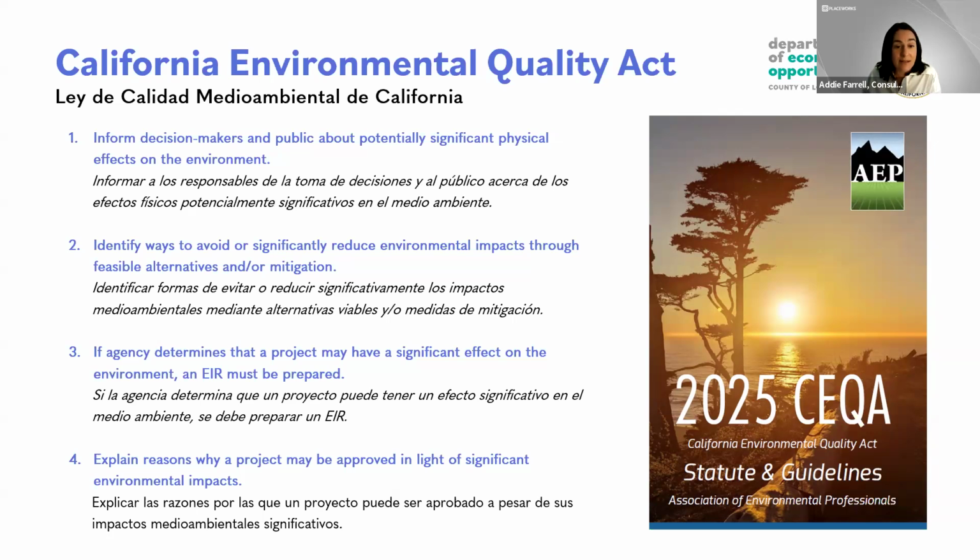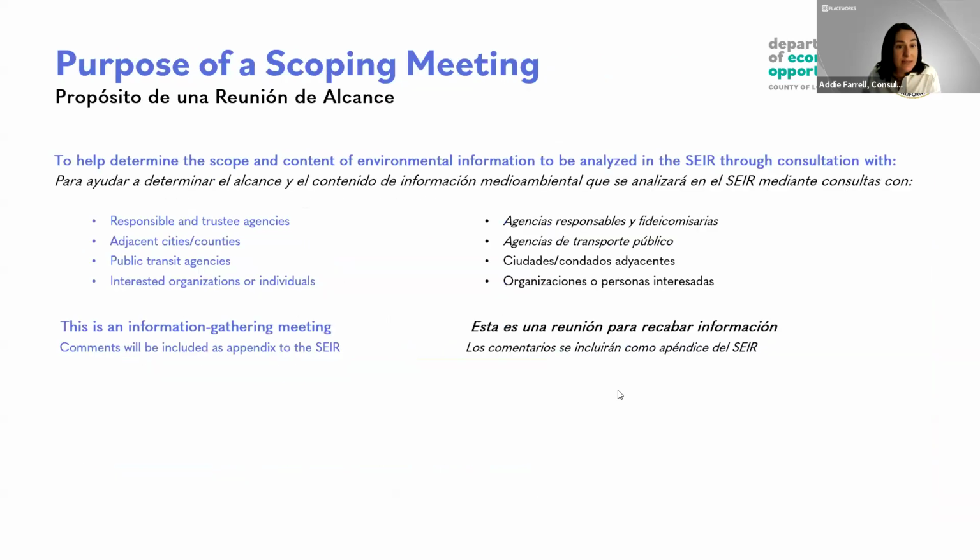Let's go on to the next slide, which is the purpose of this meeting tonight. So this meeting is called a scoping meeting. It's part of the county's 30-day scoping period, which is at the very beginning of the environmental review process as required by CEQA.